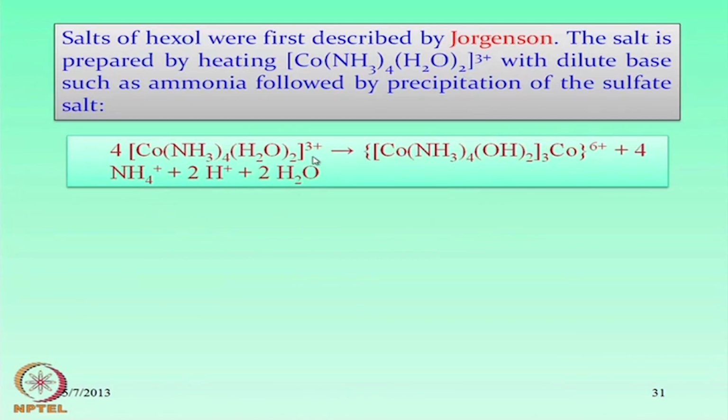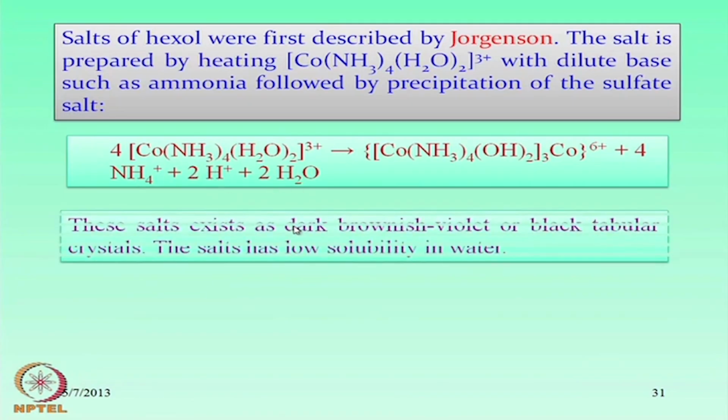So the reaction is very simple. Four molecules of this react, giving a tetranuclear compound, which is basically a big molecule and has a 6+ charge, with the liberation of 4 molecules of the amine ligands as ammonium ion, 2 of them as protons, and 2 water molecules.